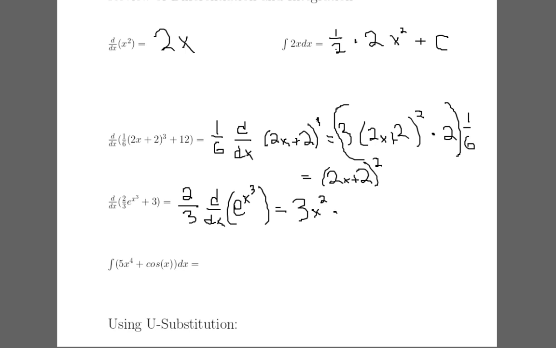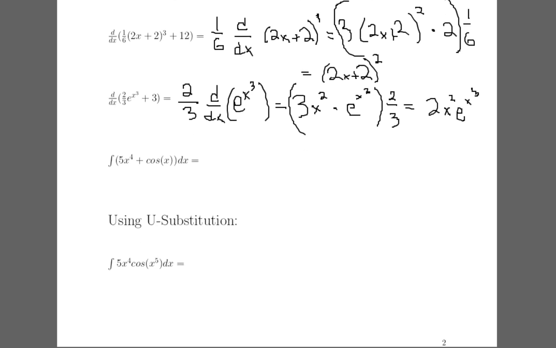So this would be 3x squared times e to the x to the third. And then we have to multiply the whole quantity by that initial 2/3, which would give us 2x squared e to the x to the third.